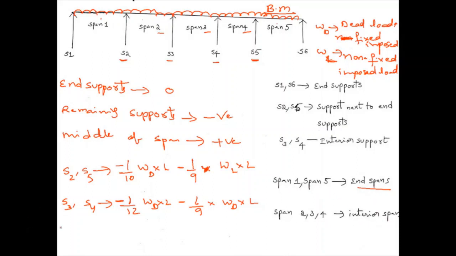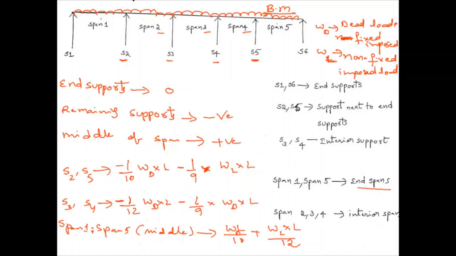So for the end spans, span 1 and span 5, I am taking the middle. At the middle, the bending moment will be positive always. At that point the bending moment will be WD into L divided by 10 plus WL into L divided by 12, like that.